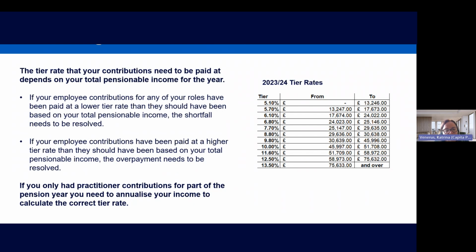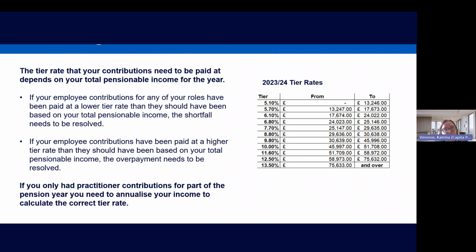And the other thing to highlight is that when you have had practitioner income for the full year, then your tier rate is based on your total annual income, and that's all you need to be concerned about.